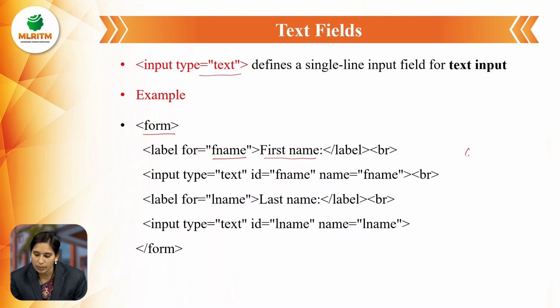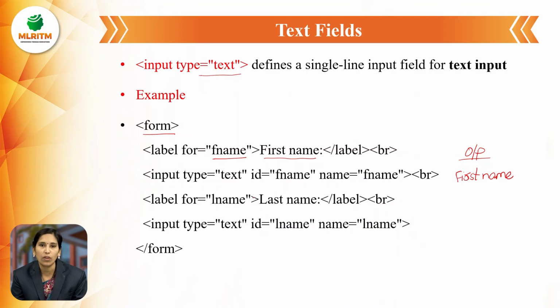See here, the output will be like this. First Name should be visible to the client. Then close the label. Again input type equals text.